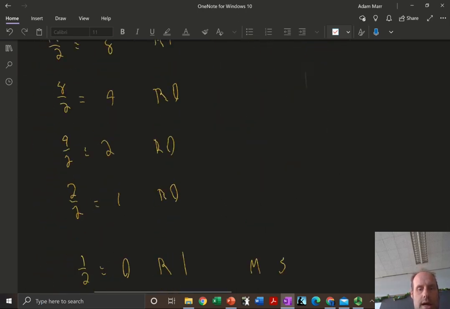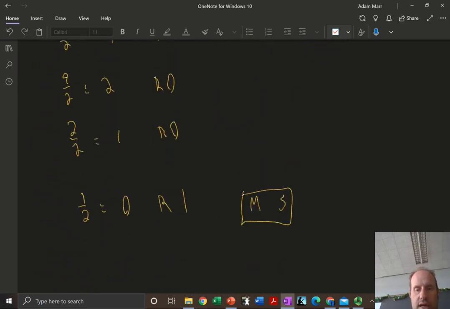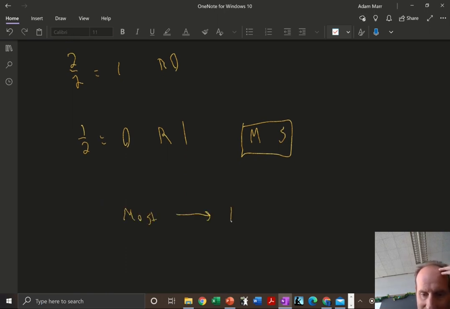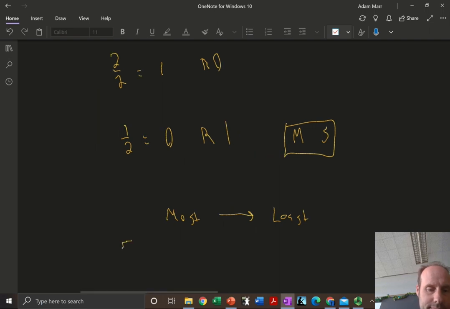We go from the most to the least. Another way of explaining that is we start from the bottom and make our way up to the top. So no problem, let's do it.